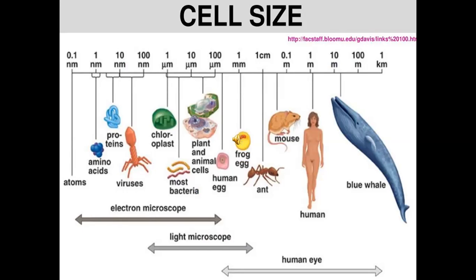The atom's size is 0.1 nanometer, a protein's 10 nanometer, chloroplast 1 micrometer, frog egg 1 millimeter, ant 1 centimeter, human 1 meter and blue whale 10 meter, etc.